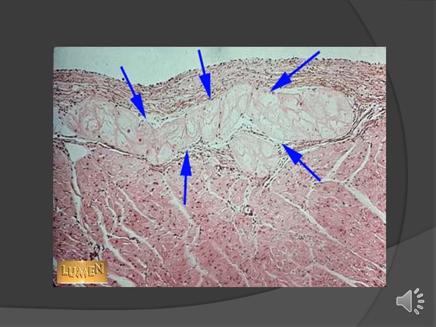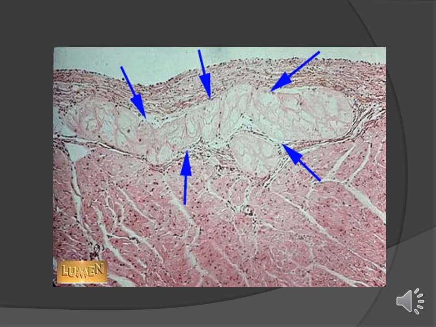The layers, tunica intima, tunica media, and tunica adventitia, are difficult to distinguish. We don't see the boundaries between these layers.